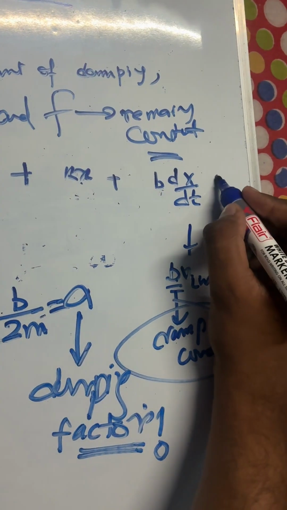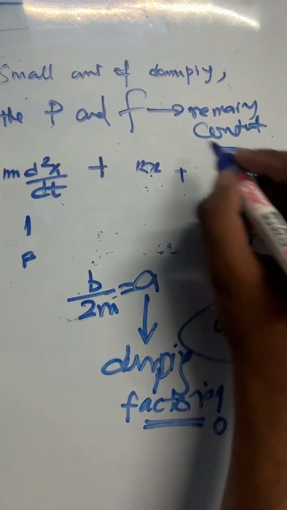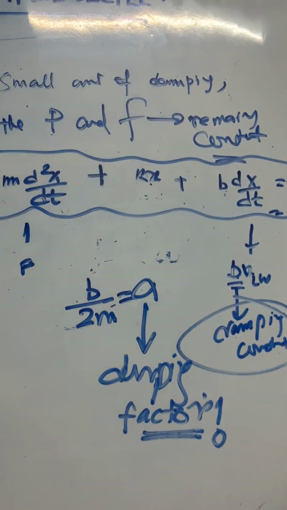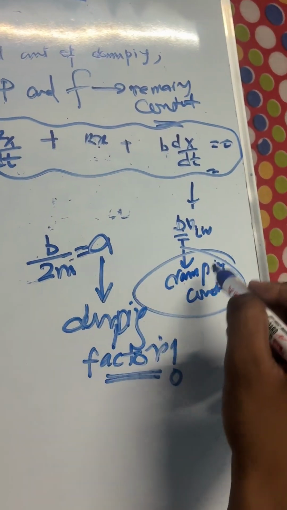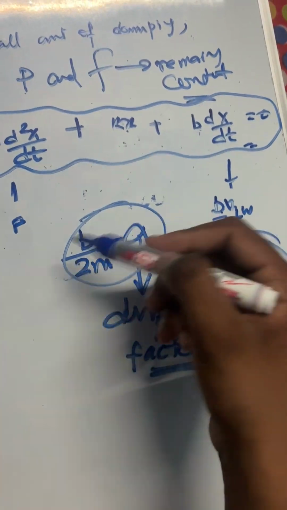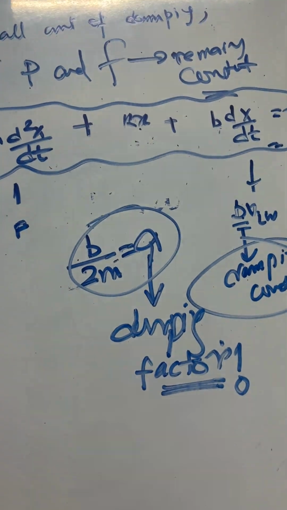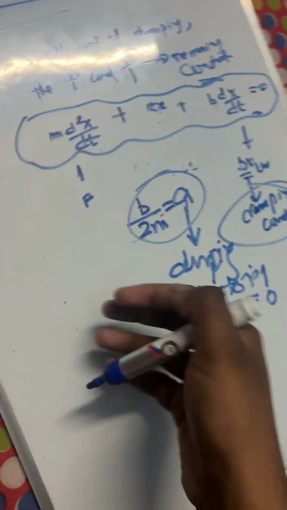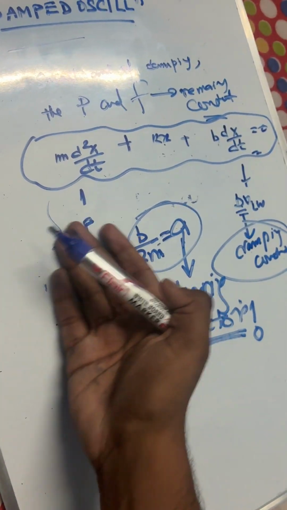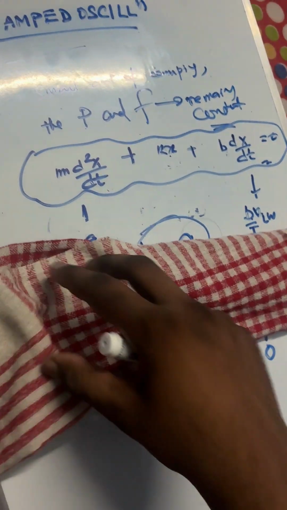And this is the differential equation of the damped oscillation. Here b is the damping constant, and b by 2m, alpha, is the damping factor.